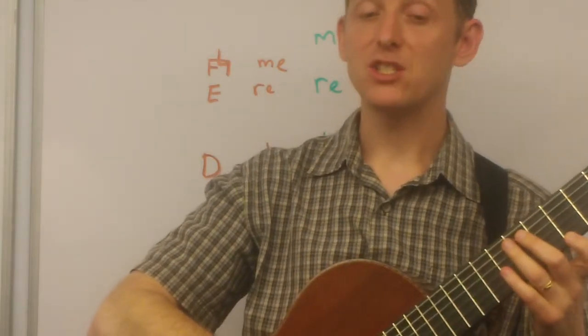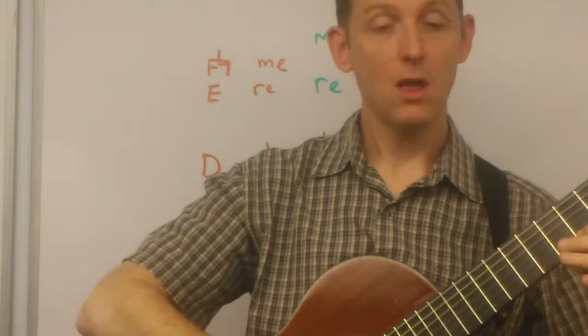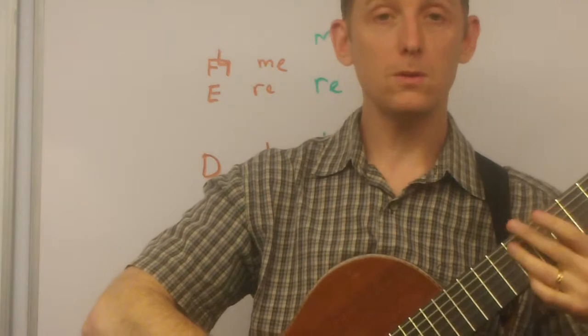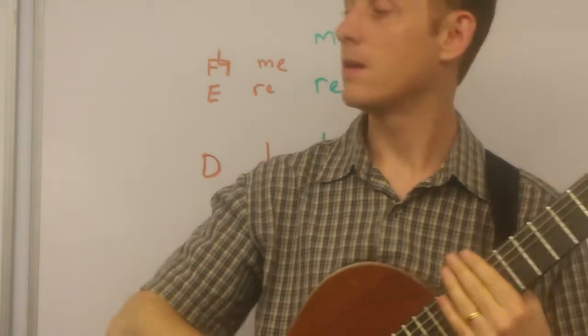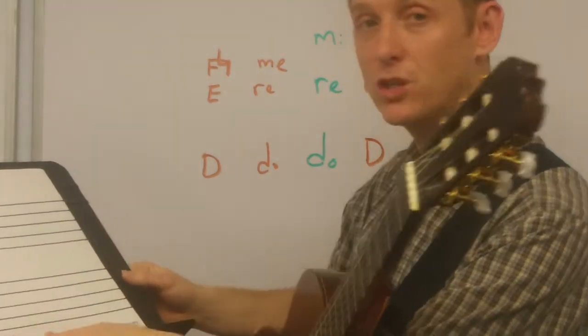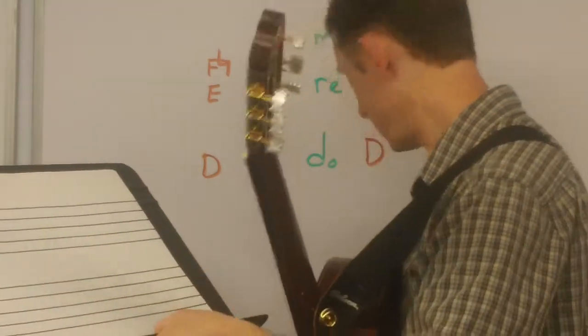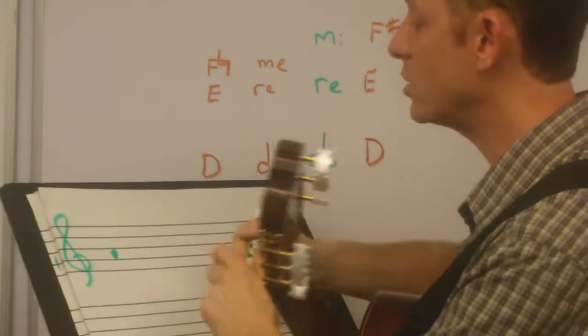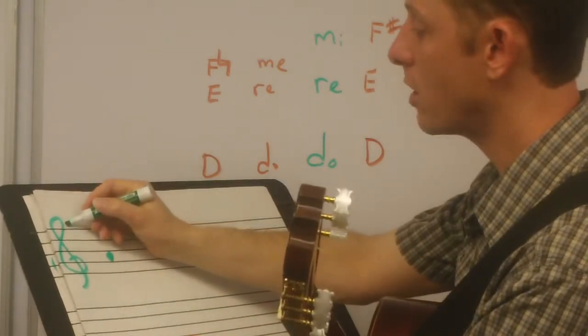Here's the first one. It starts on do. That was in A major. Be sure to write the key signature before you go on. So in A major, we have three sharps.